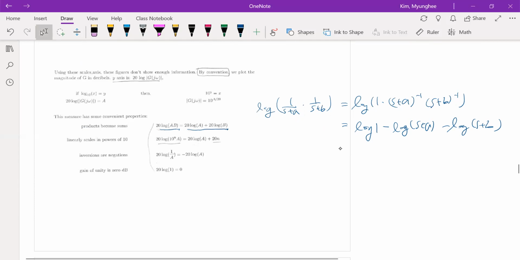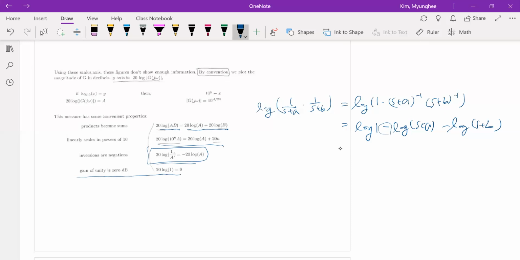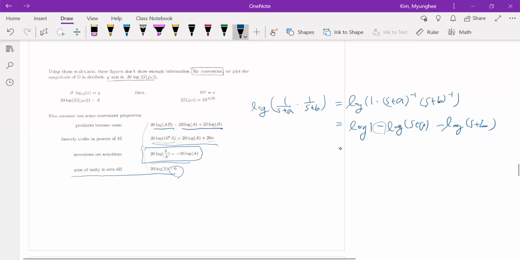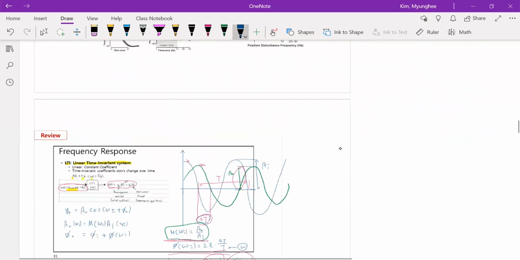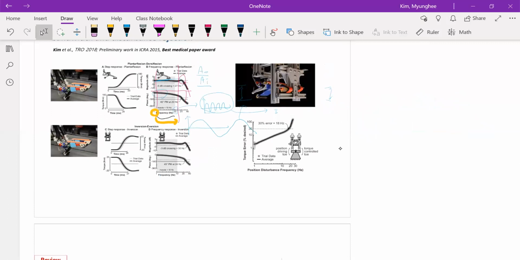And it's linear, it's powers of 10. And then as I just showed, the inversion becomes just negative. And then gain 0 is when gain equals 1: if the input and output are the same, the gain becomes 0. This becomes very important towards the end. So the example I showed before here, this is a zero line.